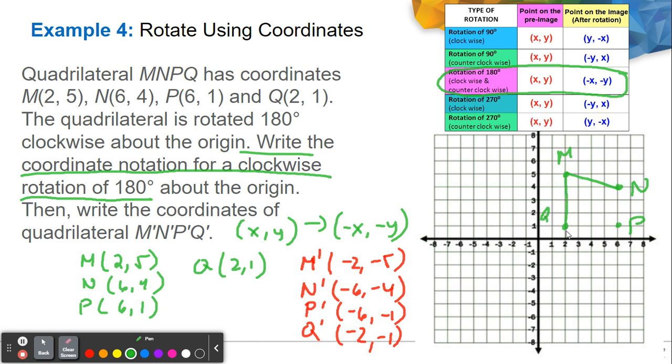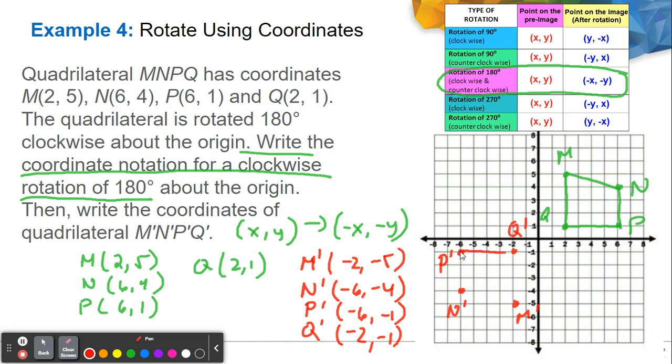Now let's draw our rotated image. We have negative 2, negative 5, that is M prime. Negative 6, negative 4, N prime. Negative 6, negative 1, P prime. Negative 2, negative 1, Q prime.